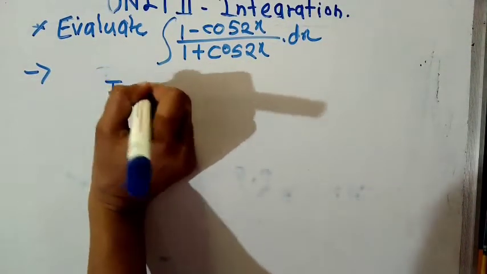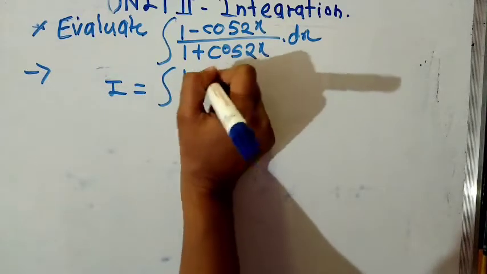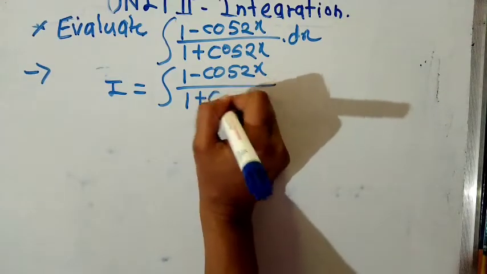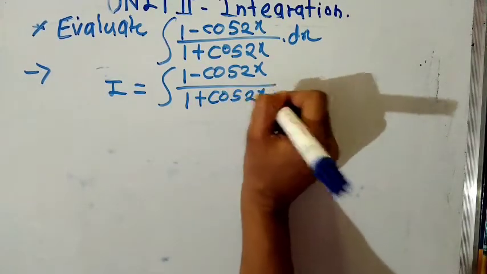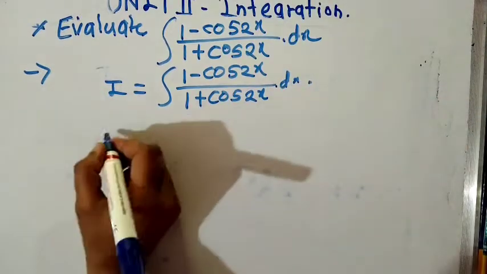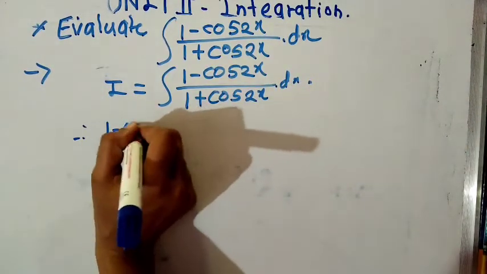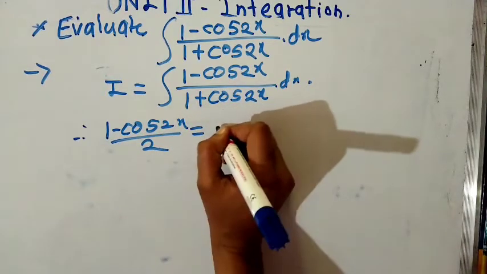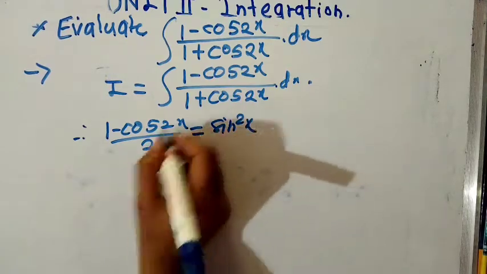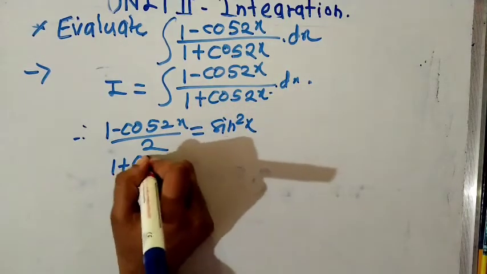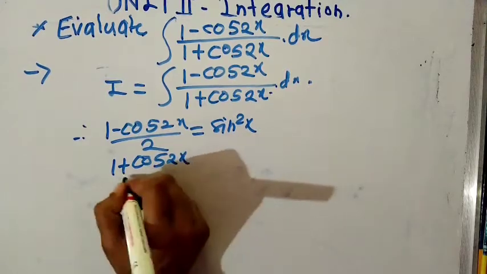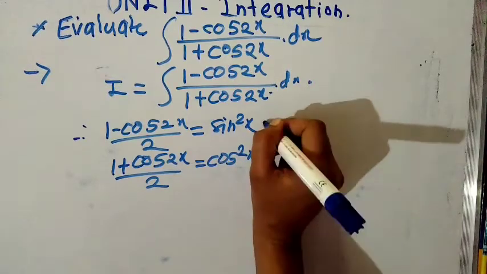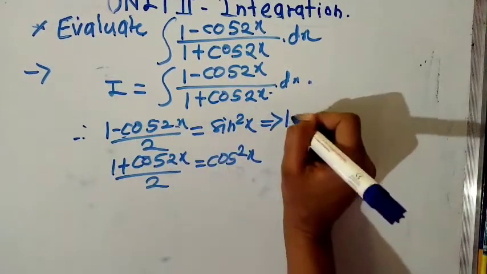So first consider I is equal to integration of 1 minus cos 2x upon 1 plus cos 2x into dx. So we know that 1 minus cos 2x upon 2 is equal to sin square x, and 1 plus cos 2x upon 2 is equal to cos square x.